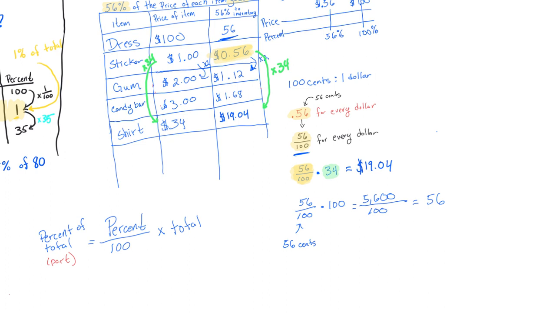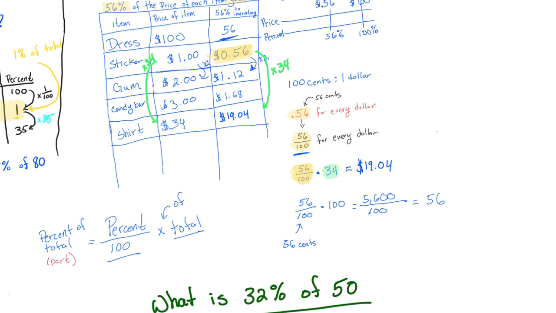Which, remember, when we're thinking about multiplying fractions, we've been practicing this, that when I multiply by a fraction, I can almost think of that multiplication as "of." So this would be the percent out of 100 of the total. And so now this comes to our second rule.